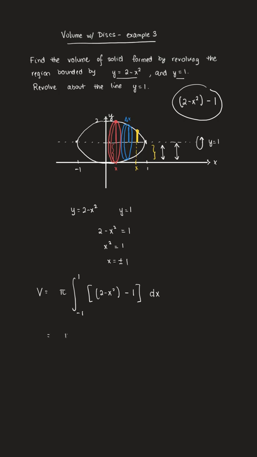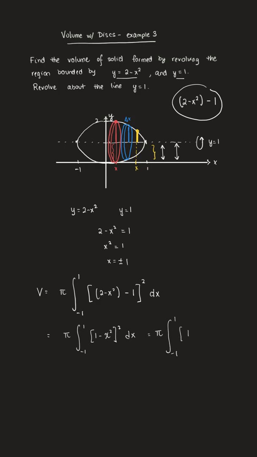So here we can simplify, and we've got the integral from negative 1 to 1. 2 minus x squared minus 1 is just going to be 1 minus x squared. Oop, that gets squared. The radius gets squared. So if I square this, I'm going to need to expand what's inside the integral.